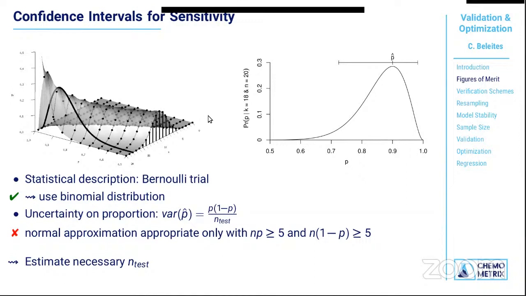So along this axis, that is for a known true sensitivity, we can easily compute what kind of distribution for test results we would expect. And what we now want to do is saying that, given that we did observe this many cases correctly recognized out of so many tested cases, what's actually the probability?